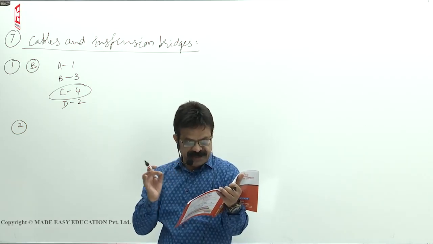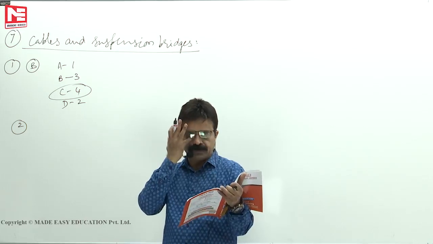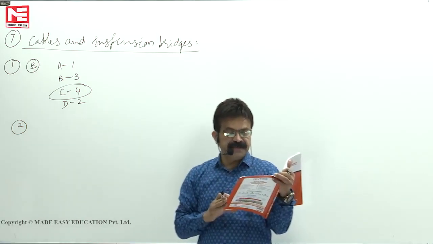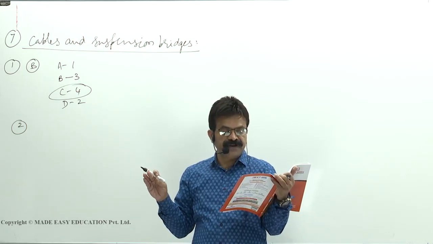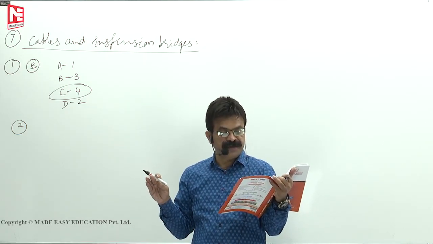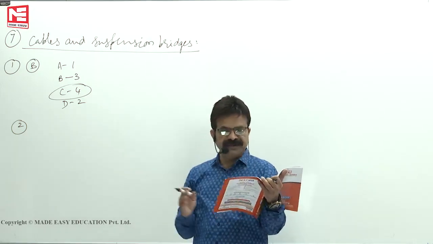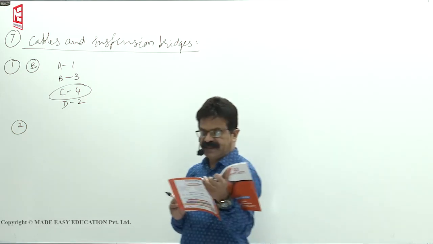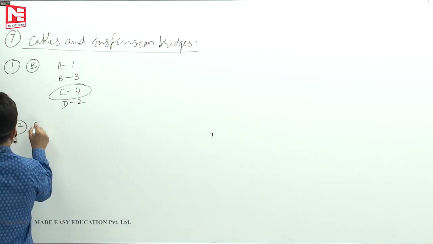Whereas if it is loaded along its curved length, it takes the shape of a catenary. 2 is also correct. Cables uniformly loaded along the horizontal span are by far the types most commonly used structures in practice, which is also correct because horizontal loads only will be there. So which of these statements are correct? 1, 2, 3. So second question, D is the answer.